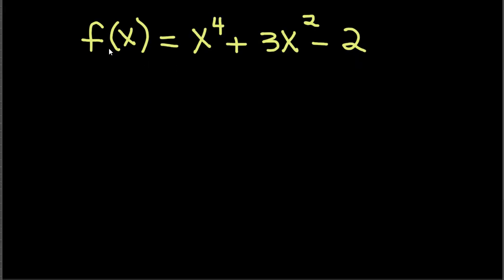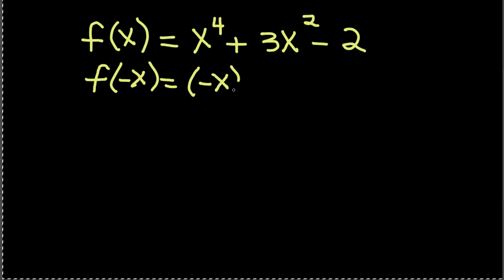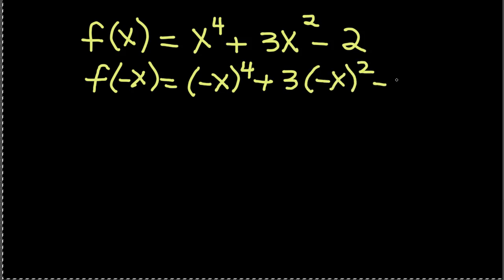Here's another example. I would like to know if this function is even, odd, or neither. First thing I'm going to do again, I'm going to take f of negative x, just like I did before. I'm going to plug negative x in everywhere there is an x. And again, I'm going to see what I get.